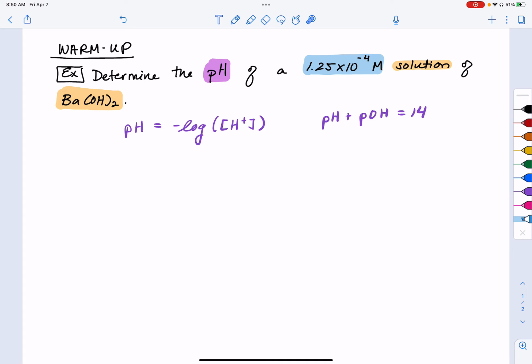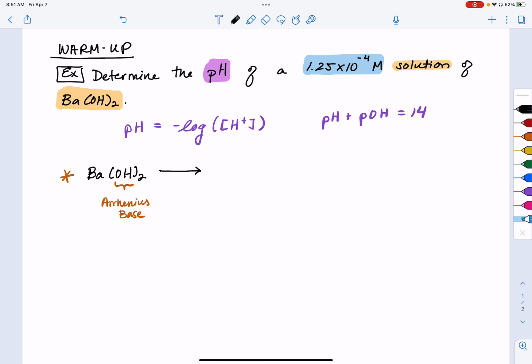Okay, let's next think about what our solution contains. So we've got barium hydroxide. When we dissolve barium hydroxide, we would likely predict that this would be a basic solution that forms as a result, because according to our Arrhenius definition, we have hydroxide particles in this compound, and this compound is soluble.